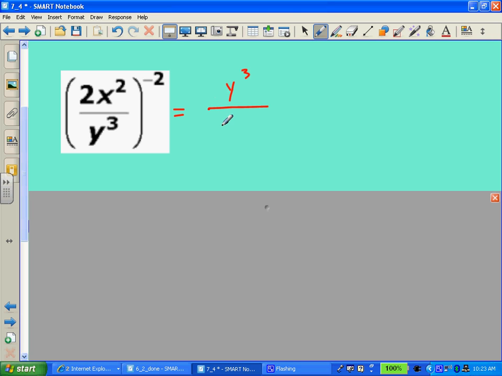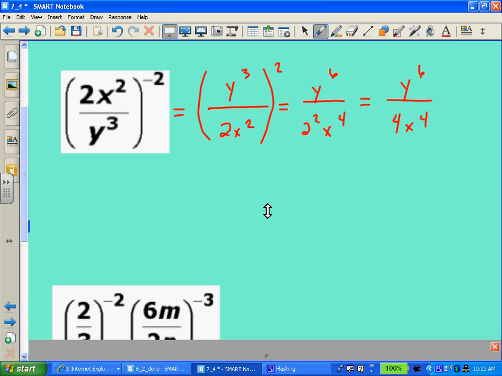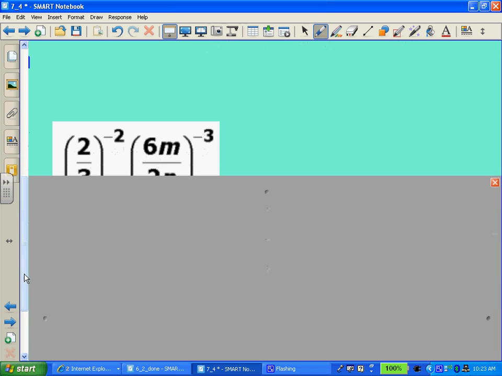So again, the first thing I want to do, flip it. And that's going to be raised to the positive second power. So then I have y to the 6th over 2 squared x to the 4th. Remember, it's got to go to each part. So that would be y to the 6th over 4x to the 4th.